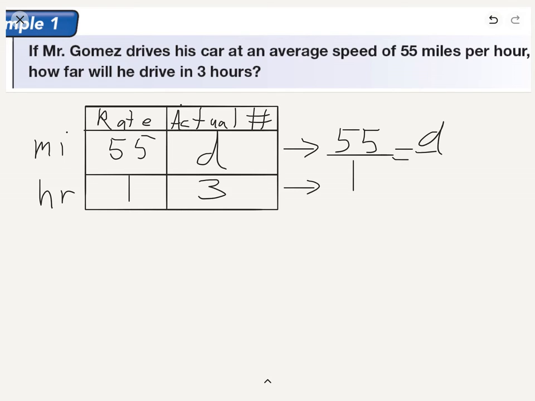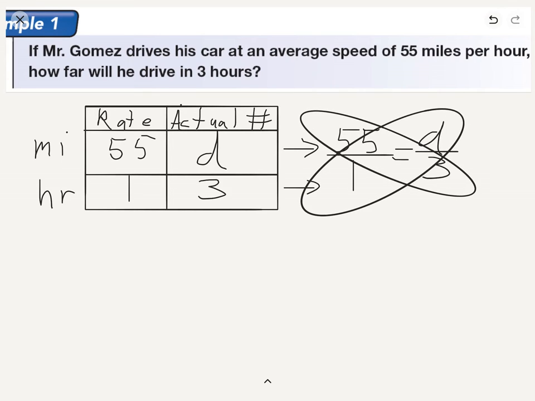This one is d to 3. And essentially for every one of these, there's going to be 55 of these. So doing our cross multiplicative goodness, well, we end up with 1 times d, which is just d.